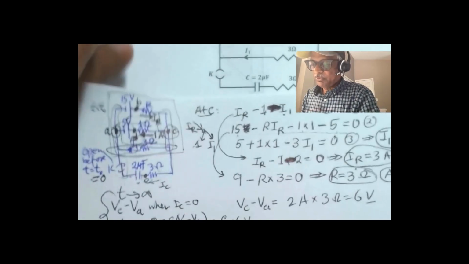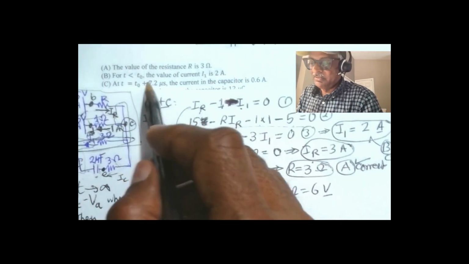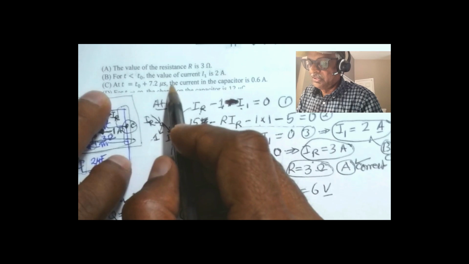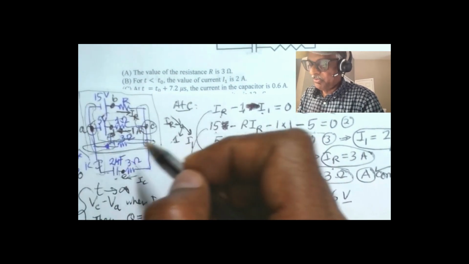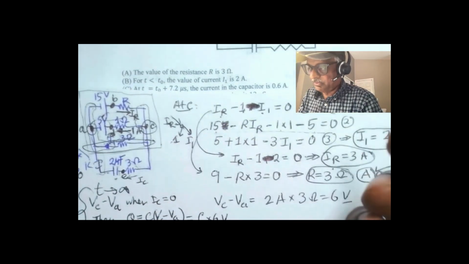So the thing that we have to work out is what happens when it's still charging. So when this is a charging circuit, there will be different currents in different branches, and we have to work it out one more time.